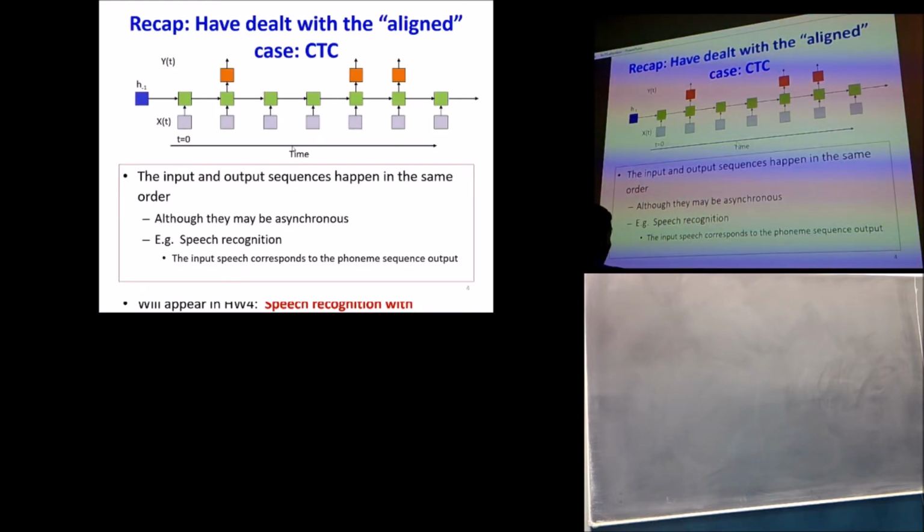We've dealt with the order synchronous problem earlier using CTC models. Here the input and output sequences happen in the same order, although they may be time asynchronous. For example, speech recognition. The input speech corresponds to an output phoneme sequence.